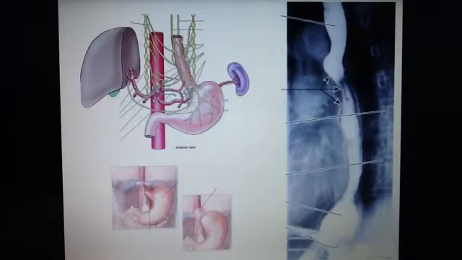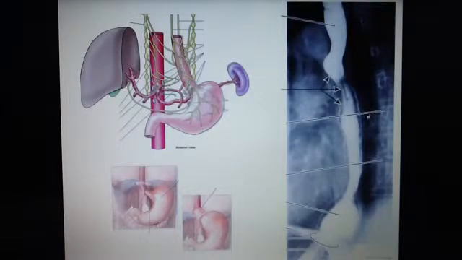So imagine that you had swallowed some barium, contrast medium, in the esophagus, and here there would be a constriction, the thoracic constriction in the bronchoaortic area.